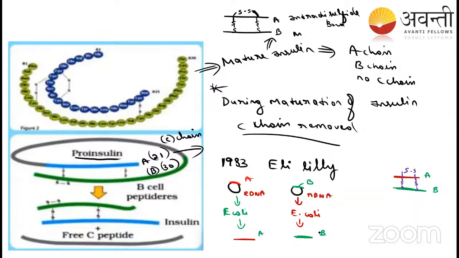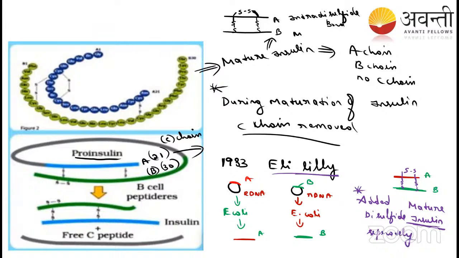Now the protein was obtained, that is, the mature insulin. So in laboratory conditions, they have added the disulfide bond separately. This is what they have done.